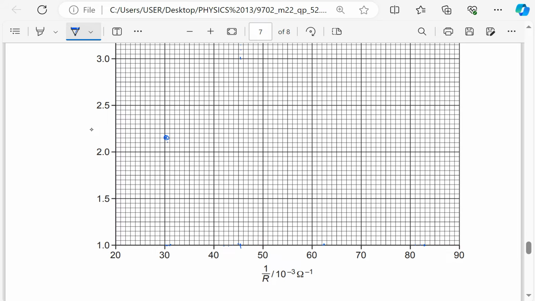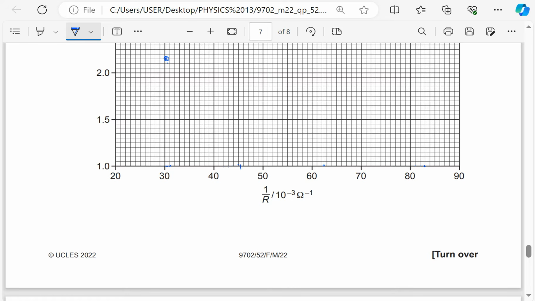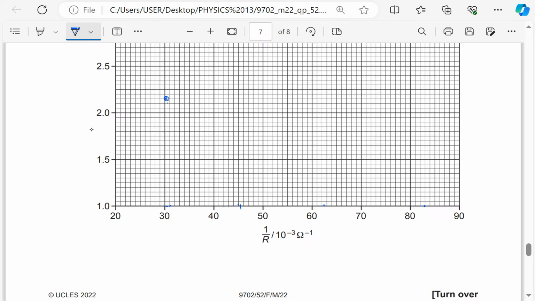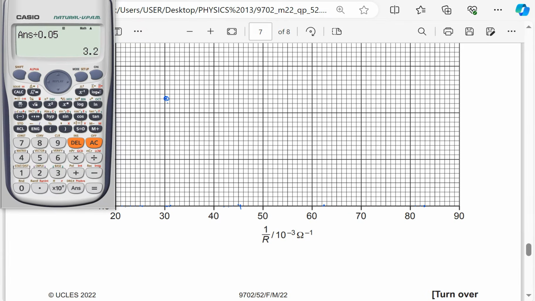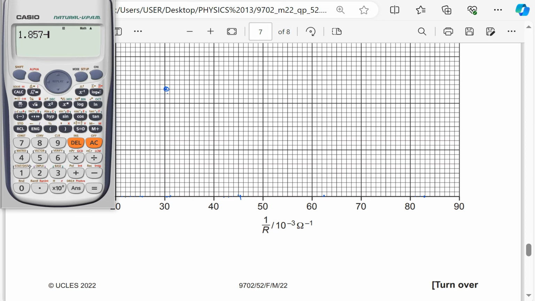Then the next one was 25.6, I'll just take approximately 0.5. Then it was against 1.857. So 1.857 minus the nearby value, 1.5. Then I divide by the scale.